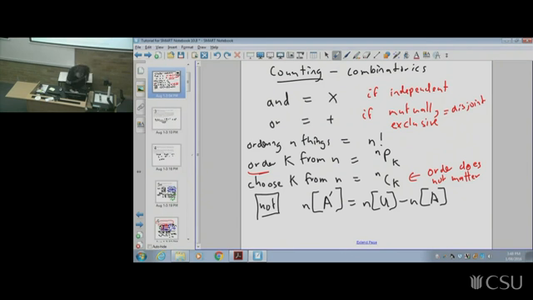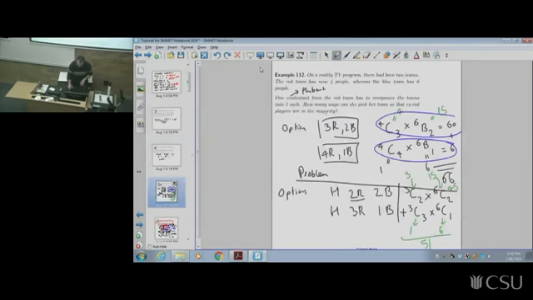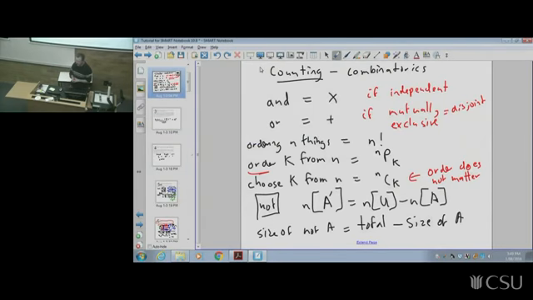So the size of not A equals the grand total minus the size of A. When I say size, it's the number of ways of getting A. So the number of ways of not getting A is equal to the total number minus the number of ways of getting A, effectively. Let's write it down and see what that boils down to in this particular case.